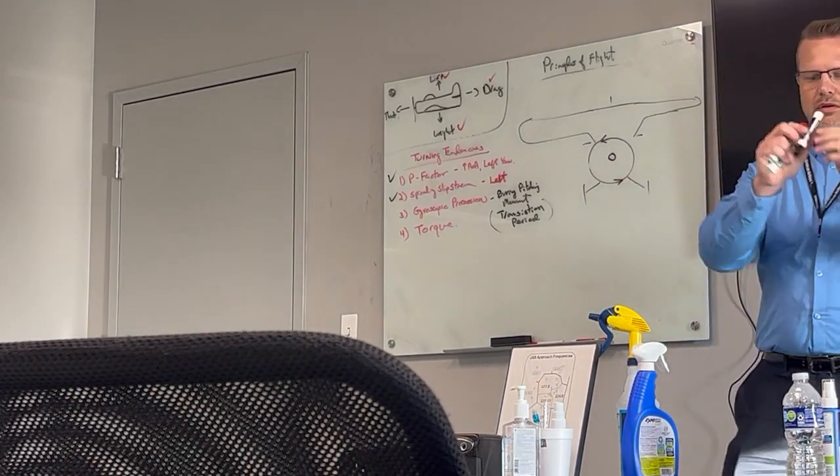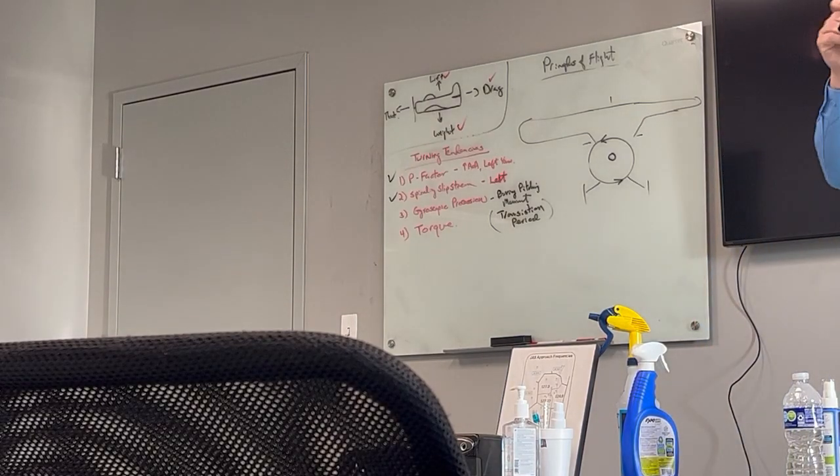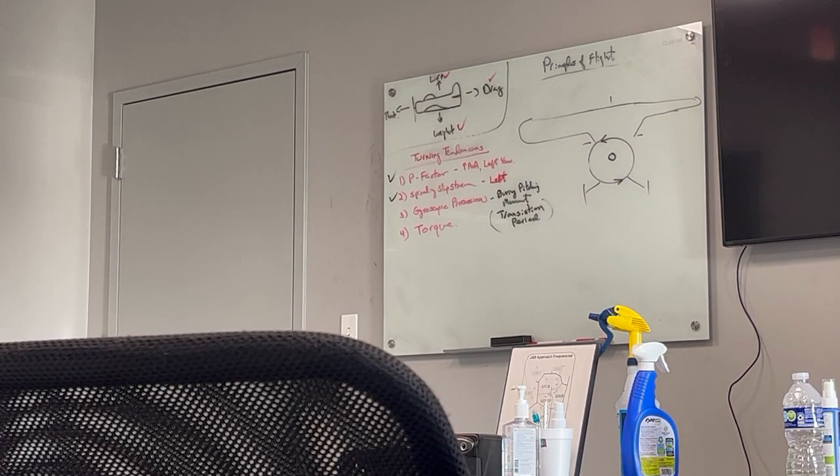So if this is the spinning disc, if you will, if it's pitched upward, and I'm applying a force to transition this to more of a straight level rather than upward attitude, I'm going to be pushing that top forward, right?